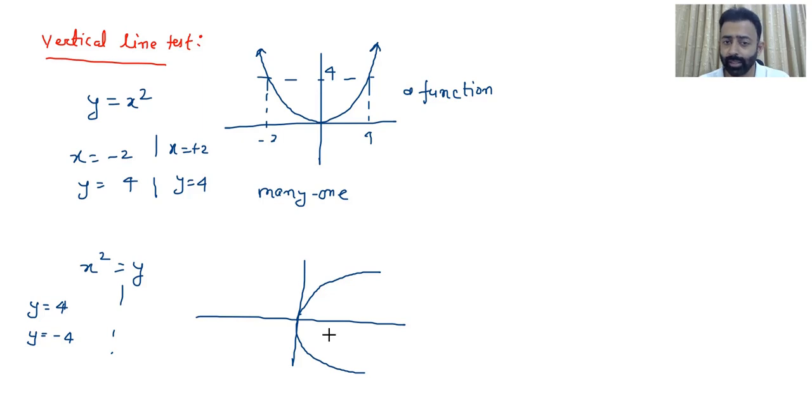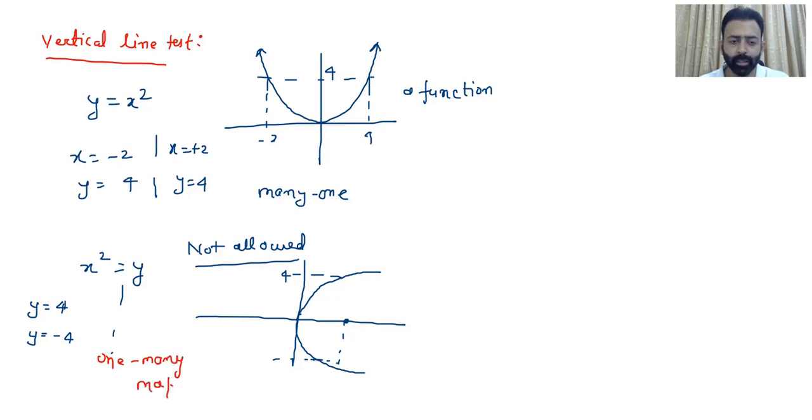So this is not allowed because for a single value of x you are getting multiple values of y. So this is +4 and this is -4, right? So this is not allowed because this is a kind of one to many mapping. Single input, multiple outputs, one to many mapping.